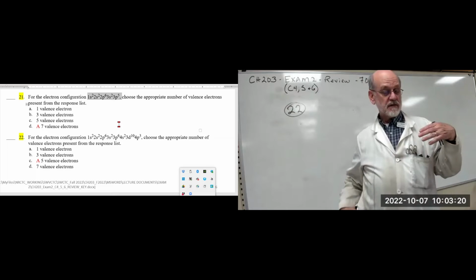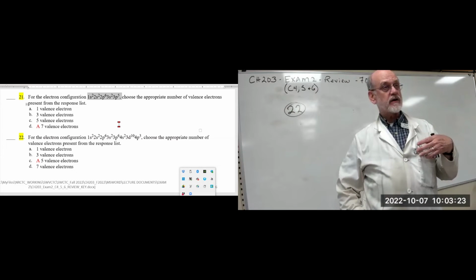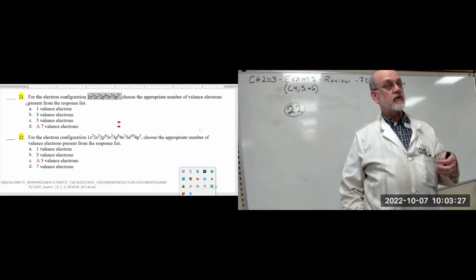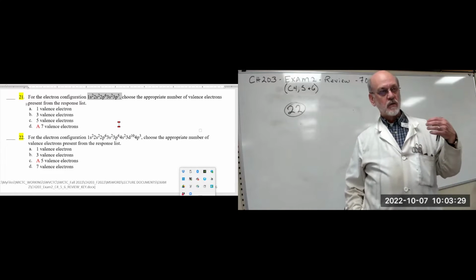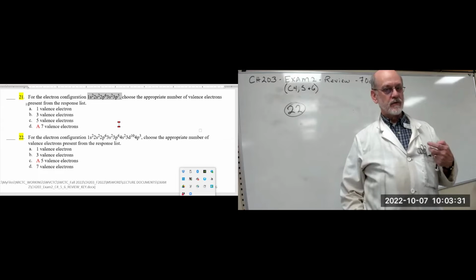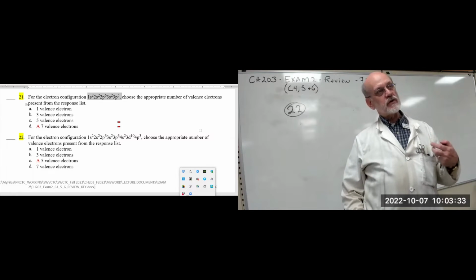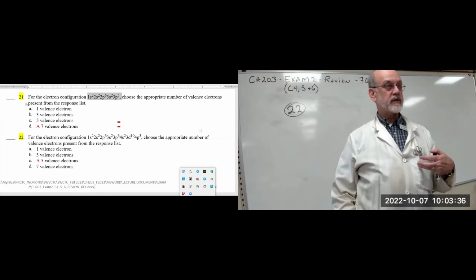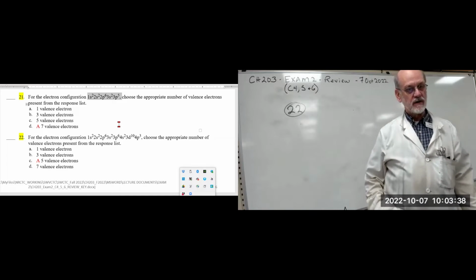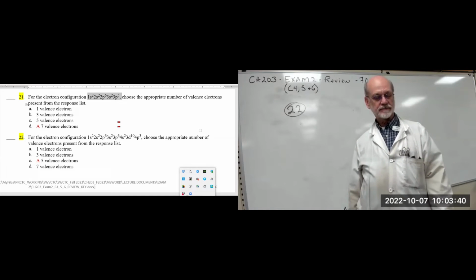Technically, the 3d10 is a higher energy level than the 4s2. That's why it's in that order. But for valence electron purposes, we still go to the highest n number, which is 4. So you've got 2 in the 4s2 and you got 3 in the 4p3. That's 5 electrons. That's why the answer is C.